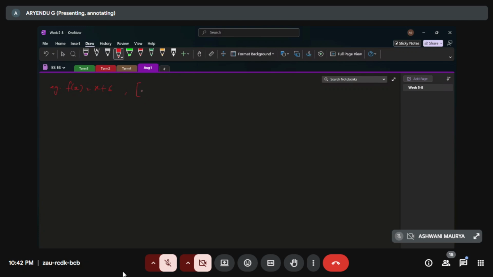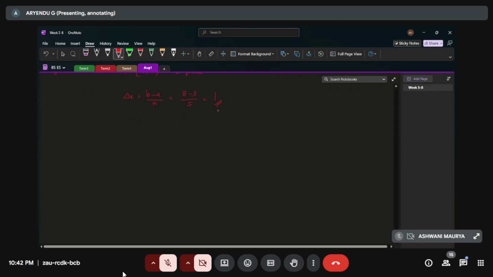So if you take the interval here, we can take it as 3 to 8, and we can divide it into 5 parts. So from this itself, we can take delta x, which we said was b minus a by n. So this is b, this is a, and this is n. So 8 minus 3 by 5, which will give us 1 itself. This need not be 1. Here it became 1. That's all.